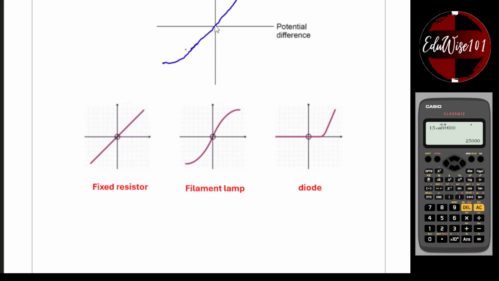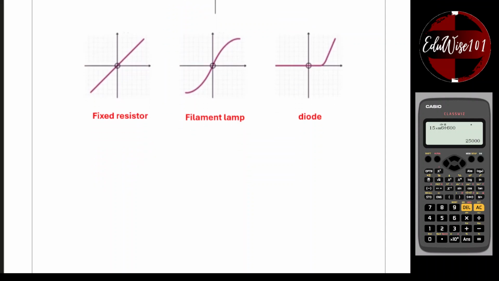The filament lamp, which is what I've attempted to draw on the top, an S-shaped graph. And for a diode, it's 0 on the negative side and 0 up to a certain point, and then it increases sharply. Remember, diodes only let current in one direction. Filament lamp, a resistor, that's okay, it behaves the same way even if you reverse the current.